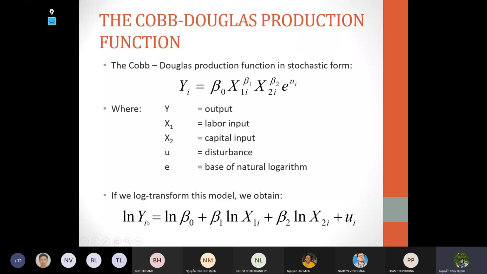This one is the base model, or we can say that labor and capital are the important variables that we can use to explain the value of output.